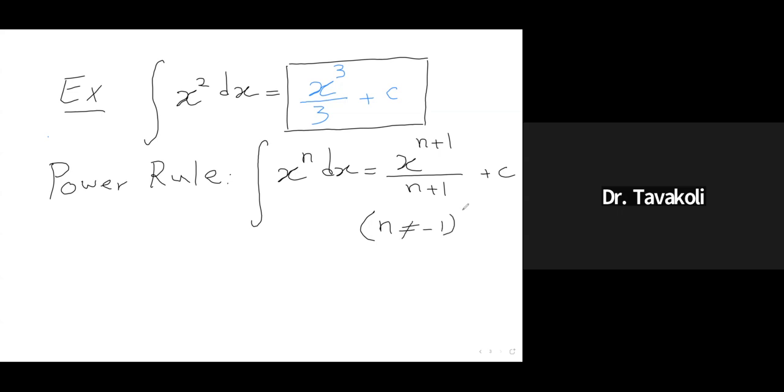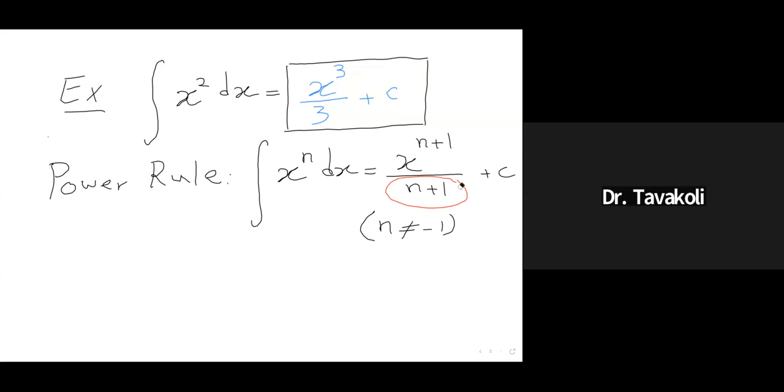Can you see why n equals negative 1 cannot be included in this power rule? As you might have correctly guessed, when n is minus 1, this denominator right here, minus 1 plus 1, becomes 0, and dividing by 0 doesn't make sense.